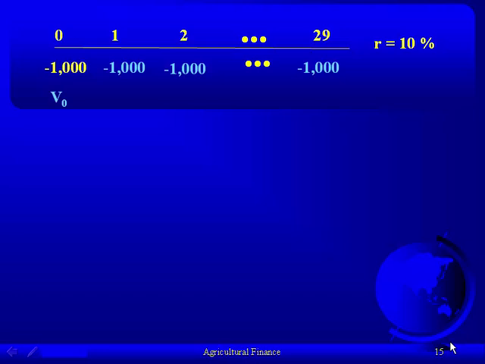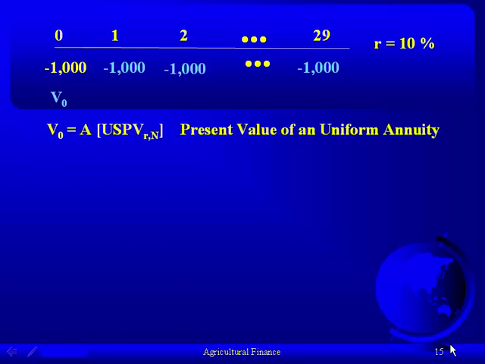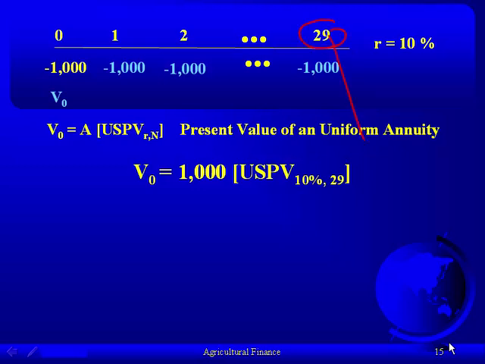We are going to handle the blue with our formula for the present value of a uniform annuity. And we can do that because we're only looking at the end of period cash flows. Now what's critical and easily missed is to recognize that in this formula, there are only 29 end-of-period cash flows, not 30, there's 29, because we're ignoring that first $1,000.